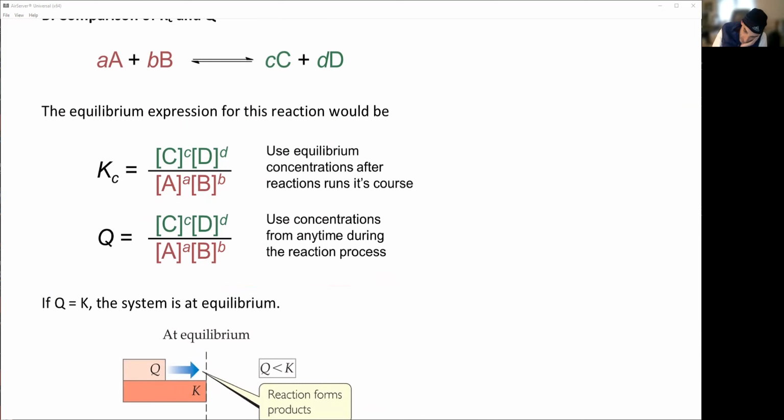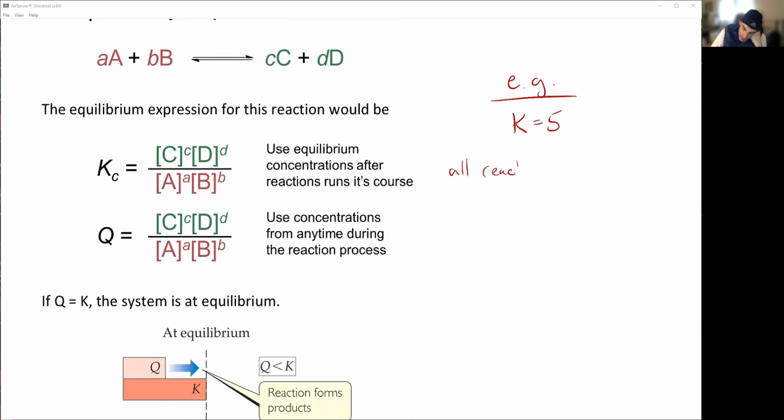As an example, the way that we really use this is, let's just say our K is equal to 5. That is our ratio. If K is equal to 5 and we have all reactants, so we have 100% reactants, my Q is equal to the concentration of products over the concentration of reactants.